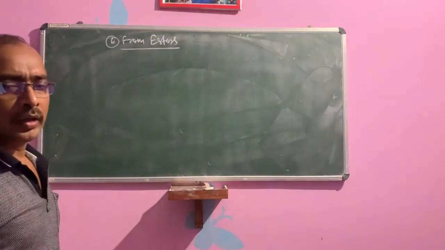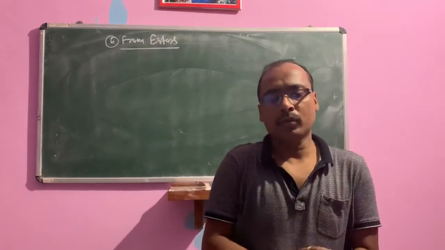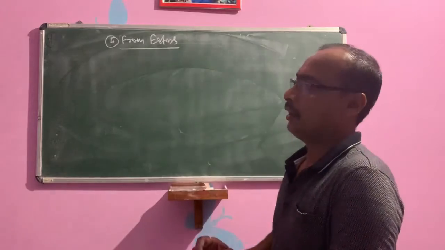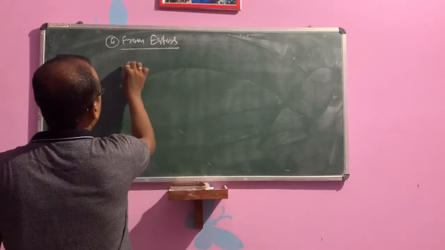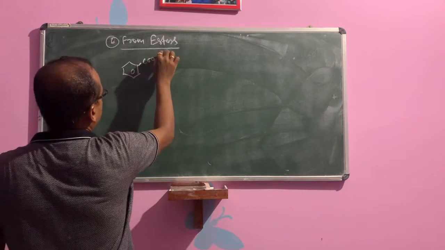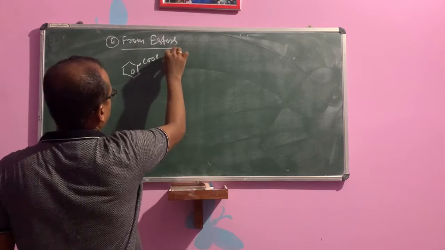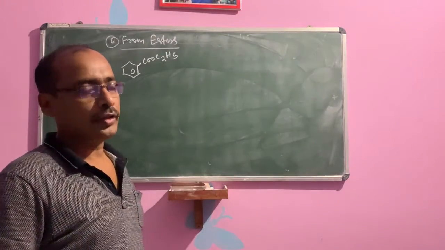Suppose we take one example. It may be aliphatic and it may be aromatic. Suppose methyl benzoate. Ethyl benzoate or methyl benzoate? The book has given C2H5. This is your ester.